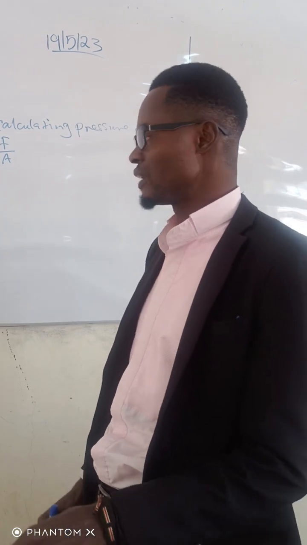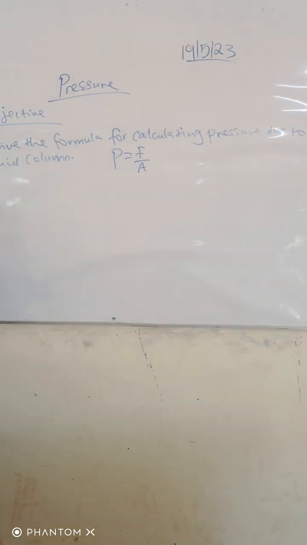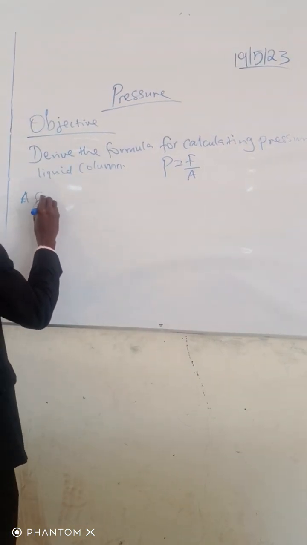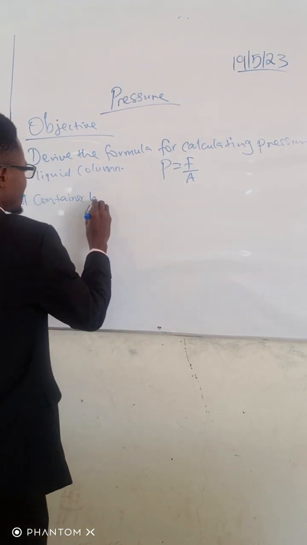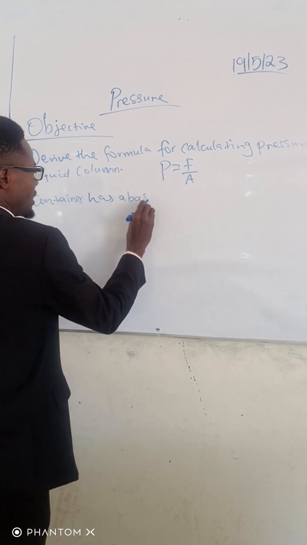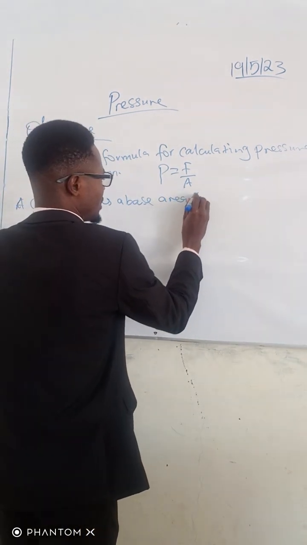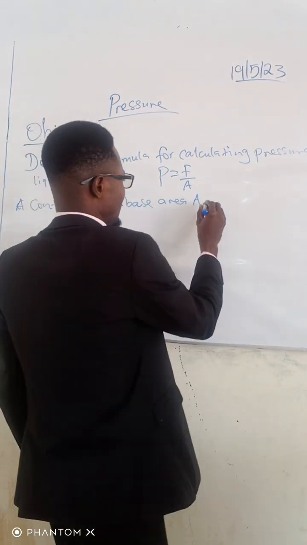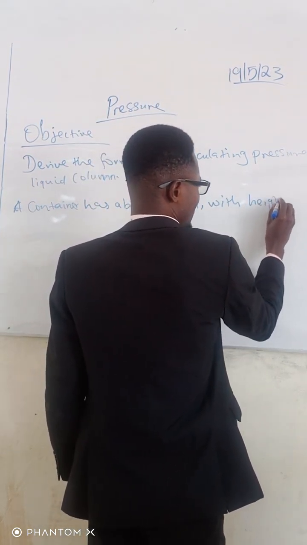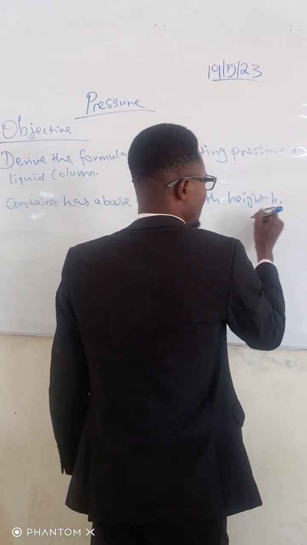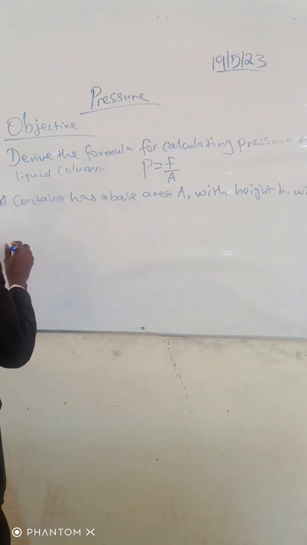Let's say that we have a container, and our container has got a base. So assume that we have a container, and this container has a base area A with a height h, and it has got a liquid density.